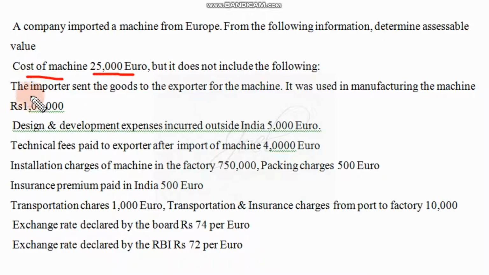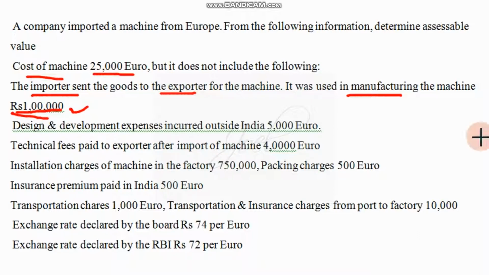The importer had sent some goods to the exporter of the machine and used in the manufacturing of the machine. So the question is whether we have to consider this, because it is sent by the importer. Remember, any items which are sent by the importer to the exporter and those items are used for the manufacturing of the product, then we are including it in assessable value.